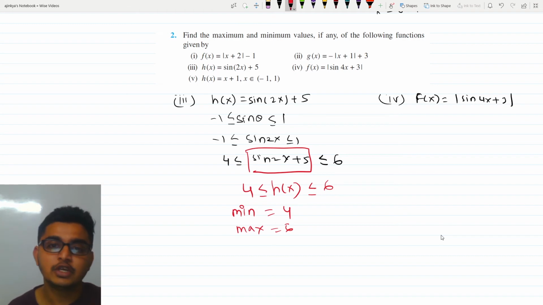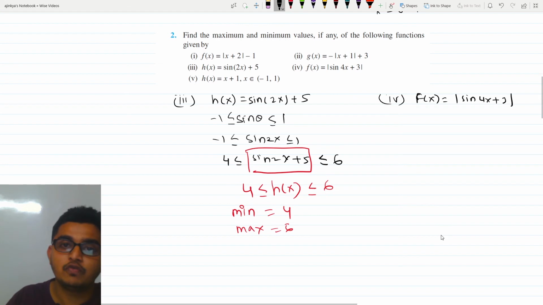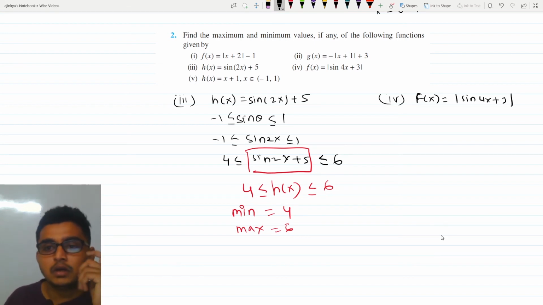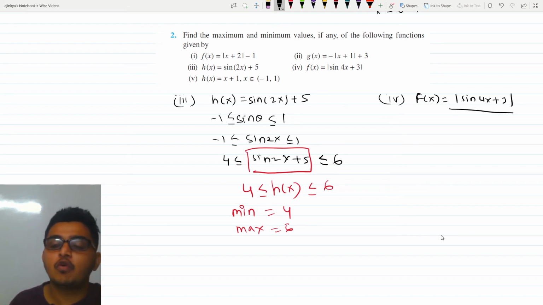In this case 2x is necessarily an angle because it is in terms of trigonometry, and in the fourth question we are going to see the same technique to find the minimum and maximum value. Since the whole term is in the mod, it is obvious that this term is going to be greater than 0, right? But the inside function can be negative, isn't it?